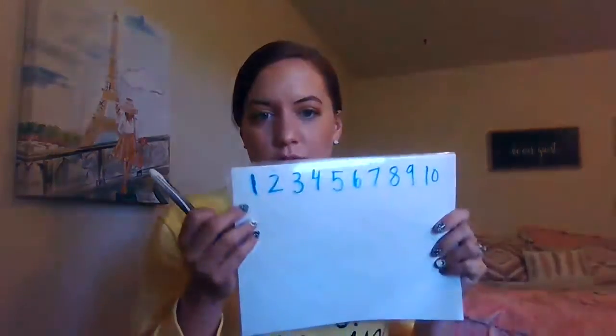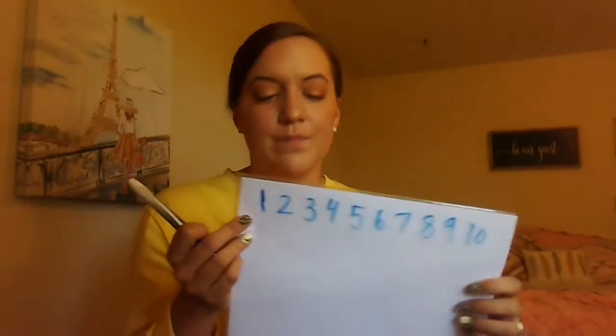So you get 10th, 11th, 12th, 13th, 14th, 15th, 16th, 17th, 18th, 19th, 20th. And then when you get to 21, you don't say 21th, you say 21st. Just like you do with number 1. Number 1 is first, okay?